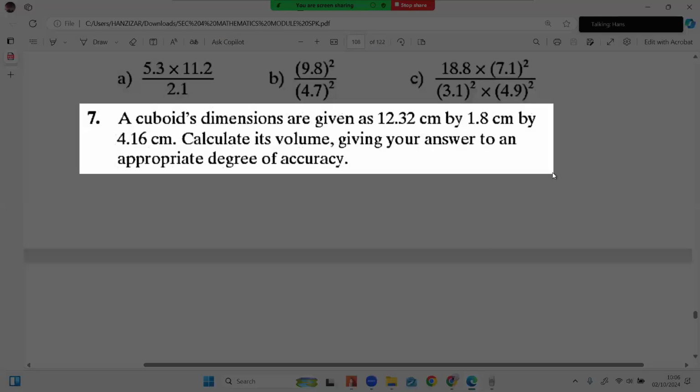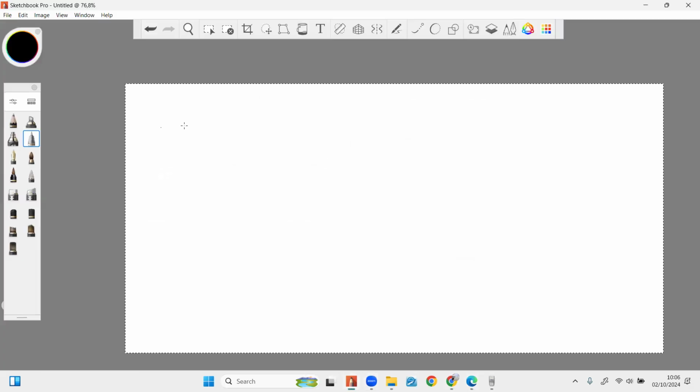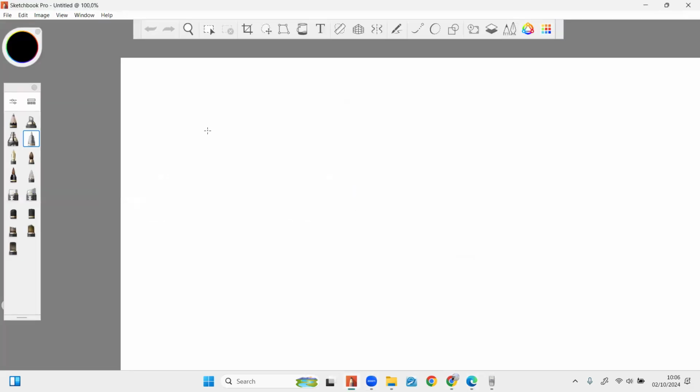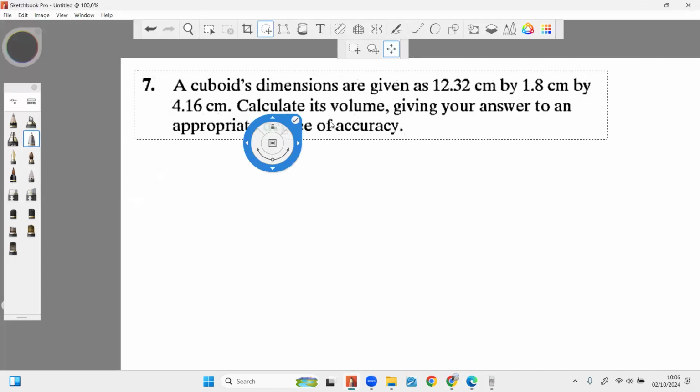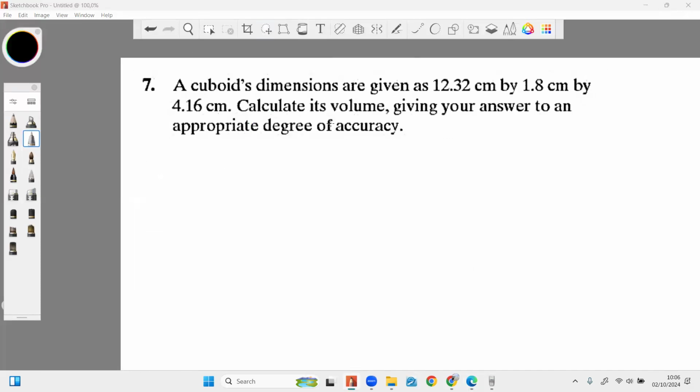7. A cuboid dimension. So a cuboid is like your book. The shape is given as 12.32 here. So let's make the appropriate measurement, 12.32, and then 1.8 on top. Yeah, just make it like this.